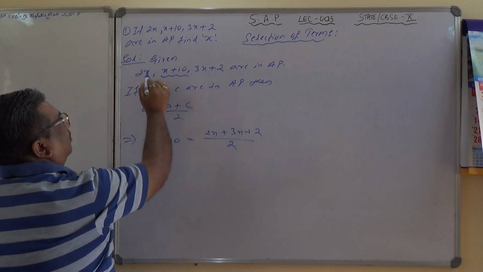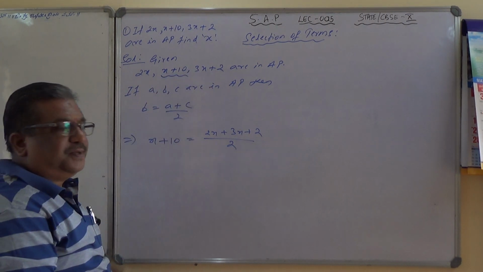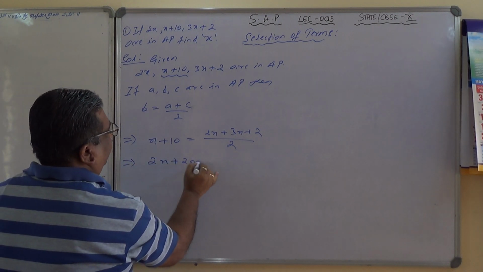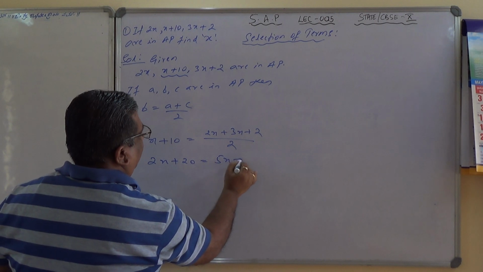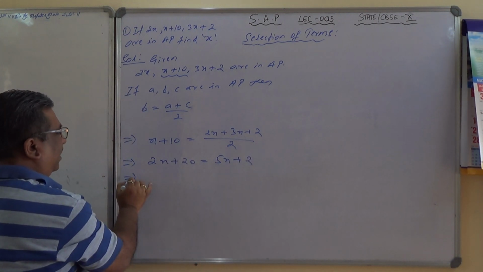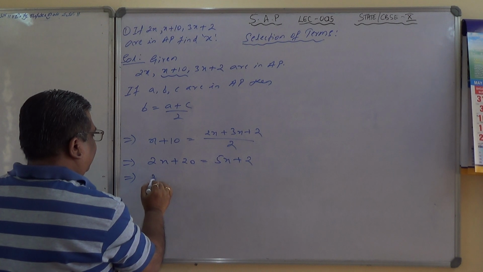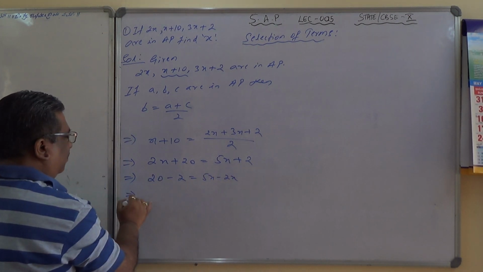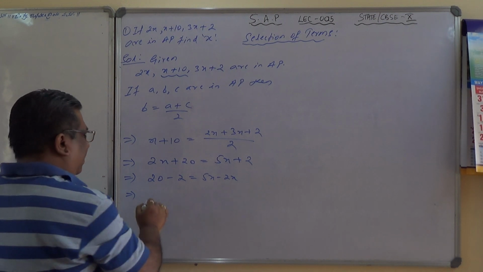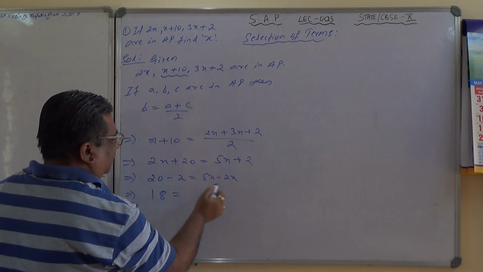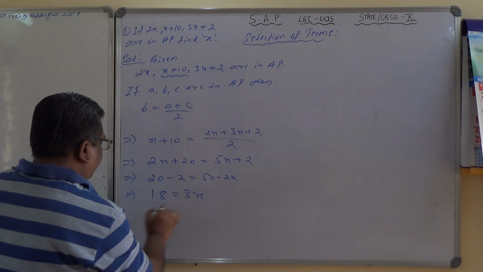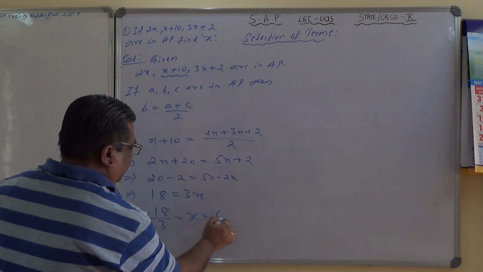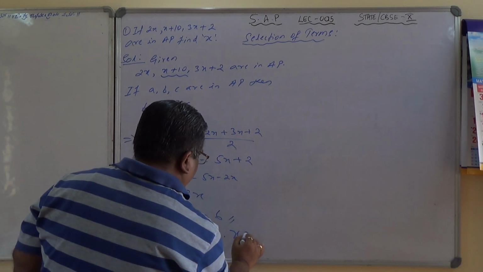This middle term is equal to the arithmetic mean of the extremes, and therefore 2x plus 20 equals 5x plus 2. Bring all x on one side and constants on the other side. 20 minus 2 equals 5x minus 2x. 20 minus 2 is how much? 18 equals 3x, and therefore 18 by 3 equals x, which equals 6.